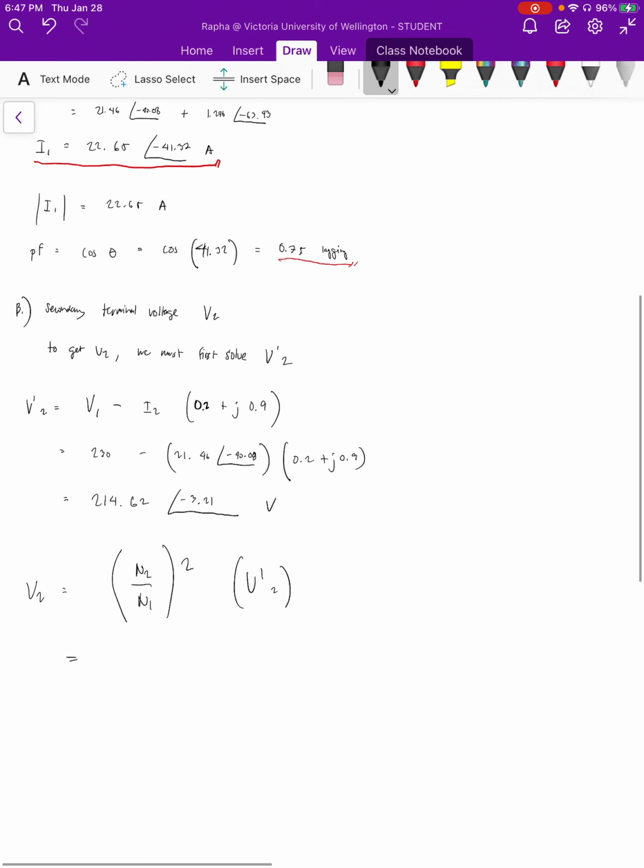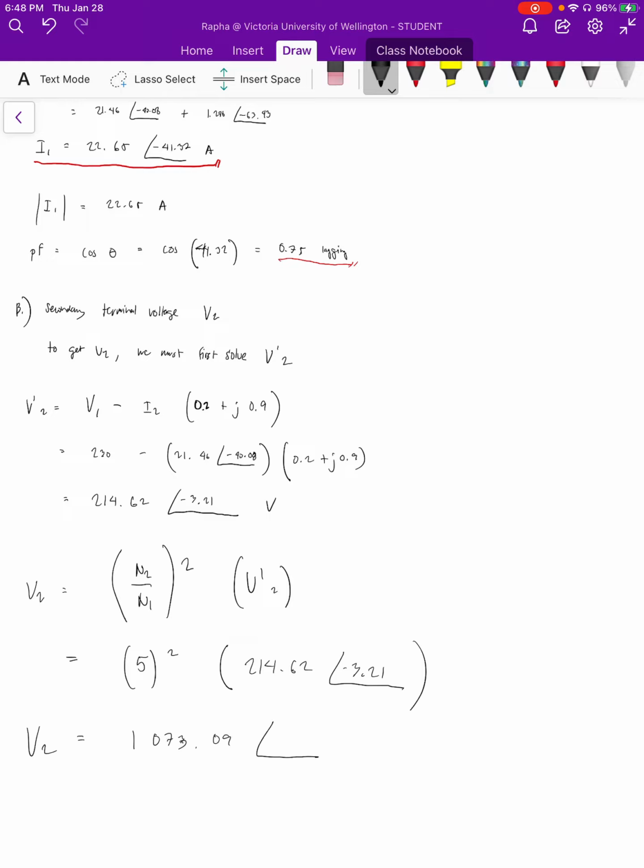So we directly substitute: 5 squared times 214.62 angle negative 3.21. So V2 is equal to 1073.09 angle negative 3.21 volts. That's the final answer.